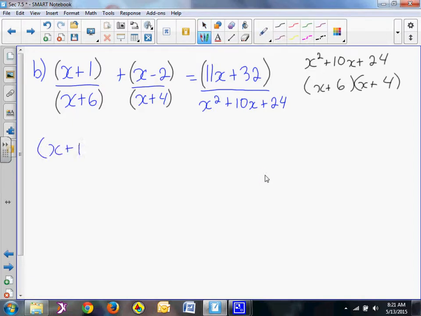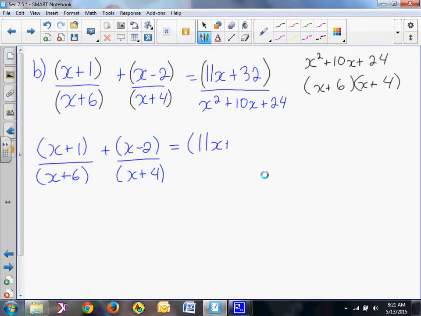So I have x plus 1 over x plus 6, plus x minus 2 over x plus 4, and it's equal to 11x plus 32 over my new denominator, x plus 6, x plus 4.